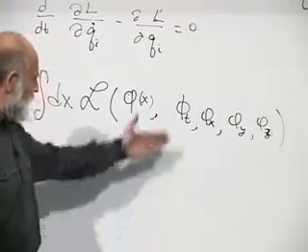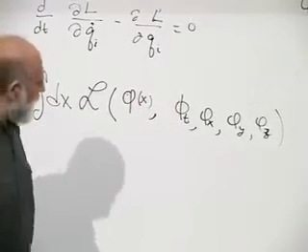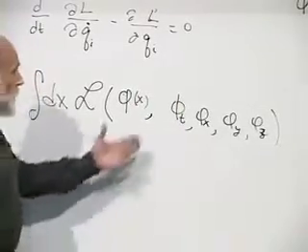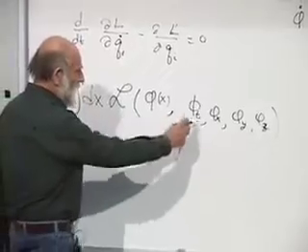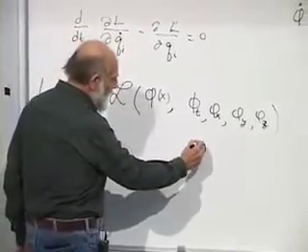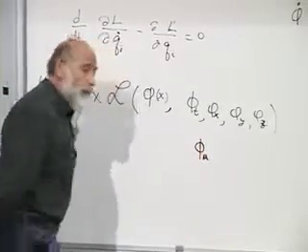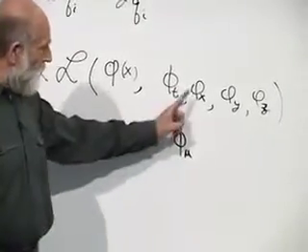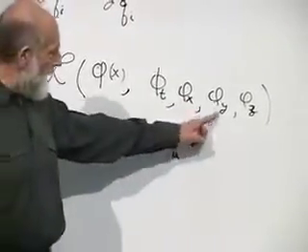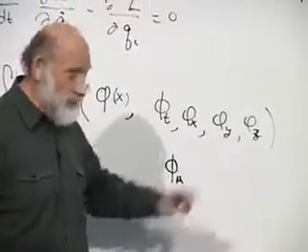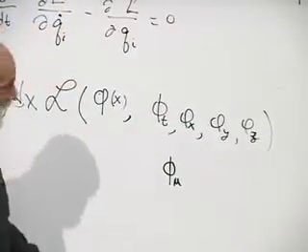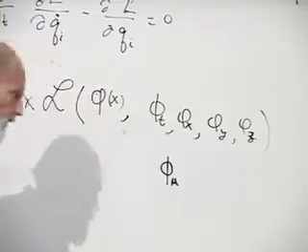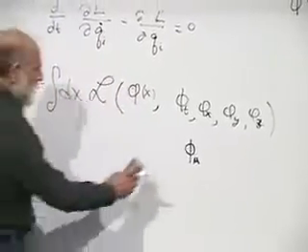I don't just call these derivatives of phi with respect to the coordinates. I can also call them phi sub mu, where mu runs from 0 to 3, t being x0, x being x1, y being x2, and z being x3, in a sort of relativistic notation. All these things mean the same thing.